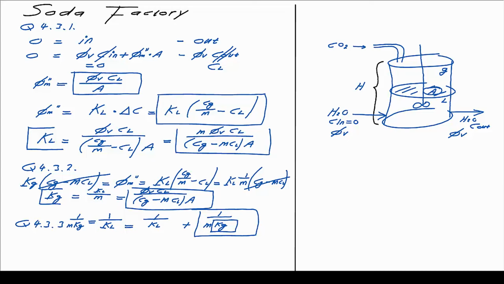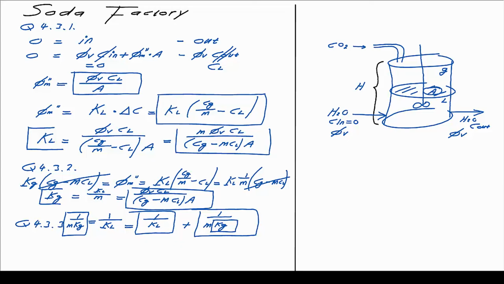Similarly, if for this first term we would take small kl is infinite, then this first term is 0. And what we then would have is that the second term, 1 over m times small kg, is equal to 1 over capital KL, or 1 over m times capital Kg. And then capital Kg is equal to small kg. And that is, again, what you would expect. So this expression must be right.